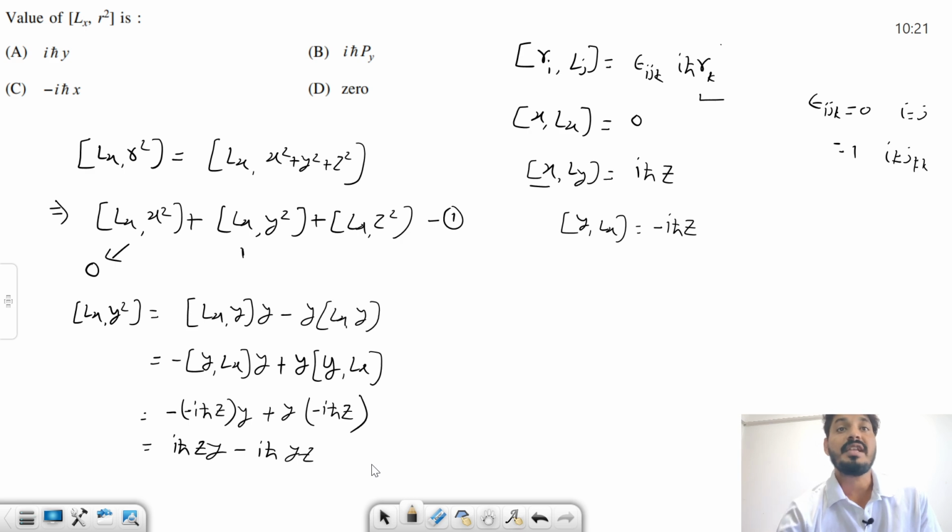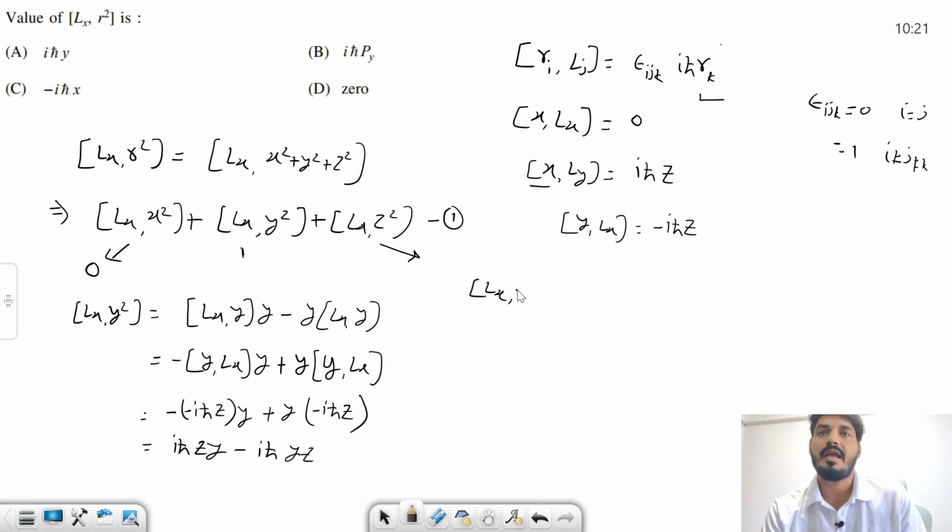Now similarly you can find out this term also, Lx z square. I can write it like this, Lx with z, z is outside, right, minus z is outside, Lx with z.